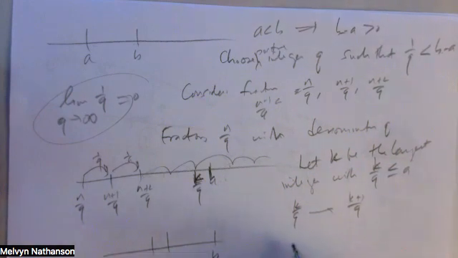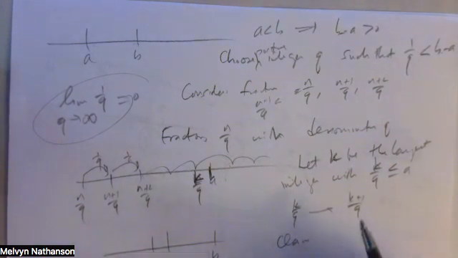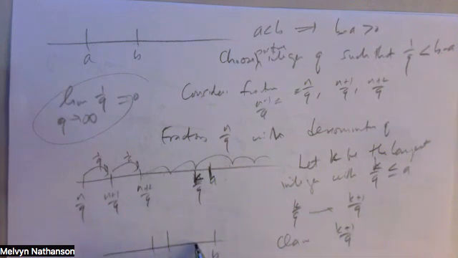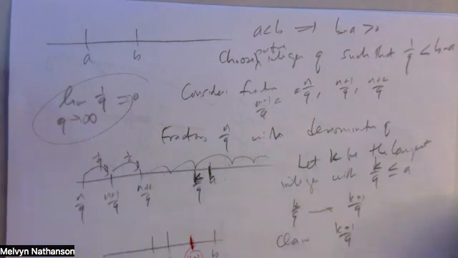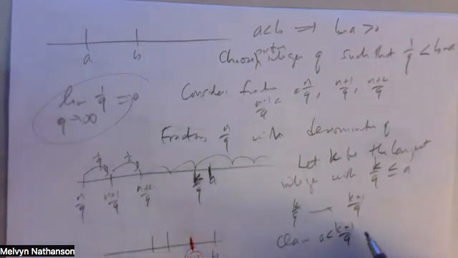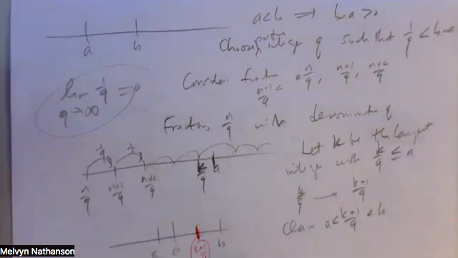And I claim k plus 1 over q is between a and b. So I claim that between a and b, I have k plus 1 over q. K plus 1 over q is bigger than a and less than b.